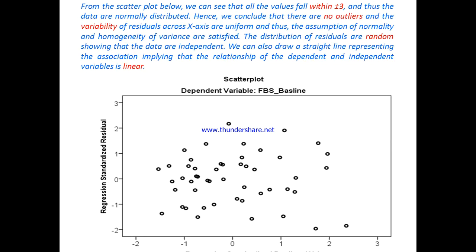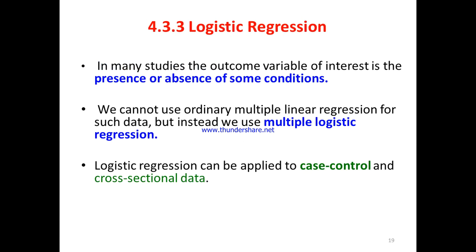Also look at the scatter diagram of standardized residuals. It's perfectly randomly distributed, represented by a straight line, and has a constant variance. Therefore, this shows a perfect fulfillment of the assumptions required for multiple linear regression.